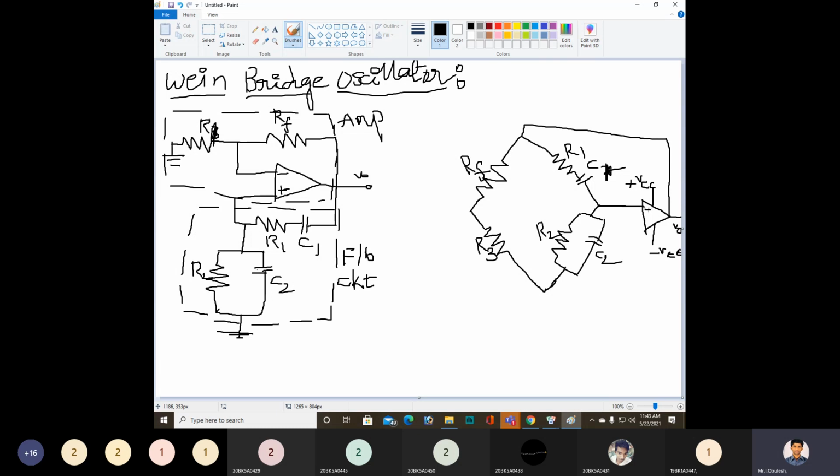This is the positive terminal of the op-amp. Here we have a negative terminal which is connecting to this terminal, and this is connecting to ground. So this is impedance Z1. This is impedance Z2, R2 C2.